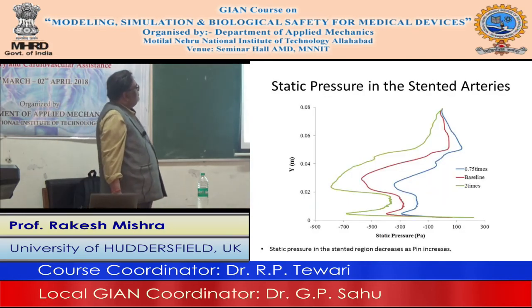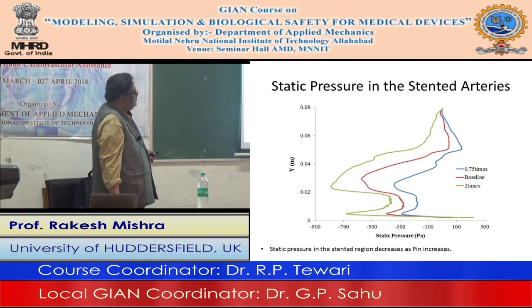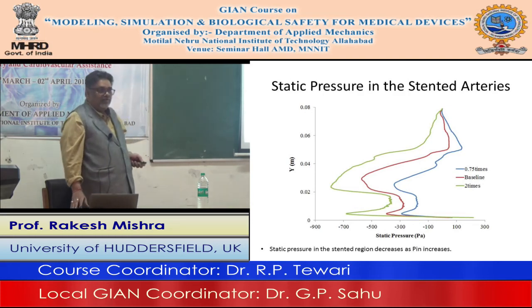Then static pressure distribution. Here we are getting a systematic trend, but slightly in the reverse order. For 2 times P in, I am seeing that along the center line the pressures are lower when P in is higher than when P in is lower. So although the nature is almost the same, the velocity profile is almost the same, the pressure values are not the same.